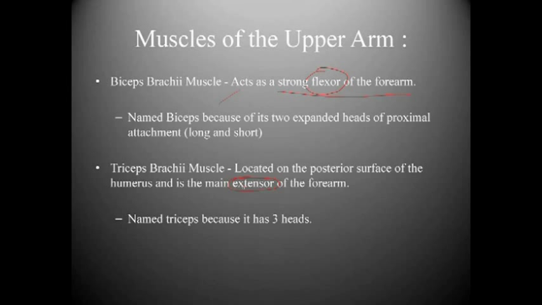So it's going to be in charge of extending the forearm. It's named triceps because it has three expanded heads, not two. So the thing that you need to keep in mind is the biceps are going to be anterior, triceps posterior.